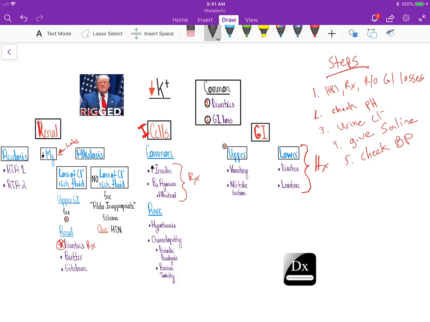And again, you can get there by checking the pH, or it can help clue you in. But really, ask yourself if you suspect that this is worthy of investigation, right after ruling out GI and diuretic losses. So I would put that right here.